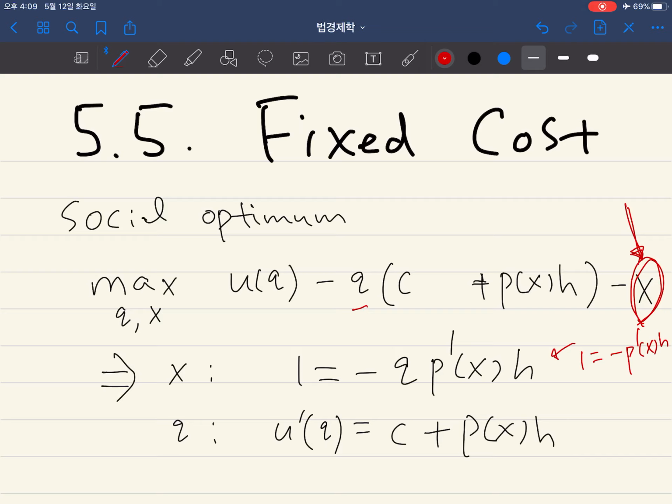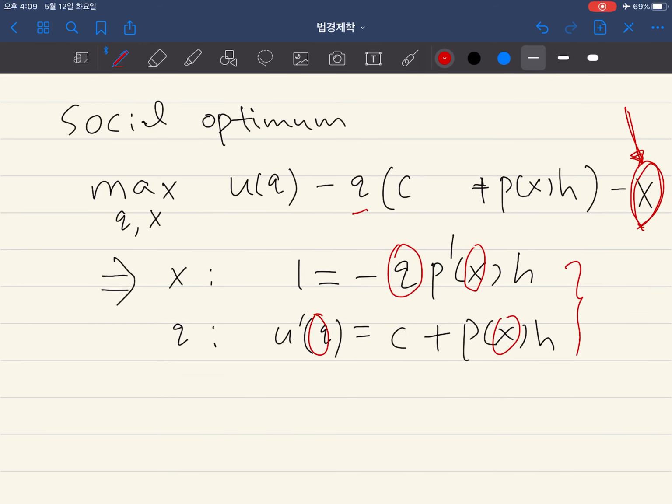So from this equation, we can find x star. But now, we cannot do that anymore because if you look at the first equation, we have both variables in the first equation. So you cannot just find x star from this equation. So combining these two equations, you can find x star and q star.